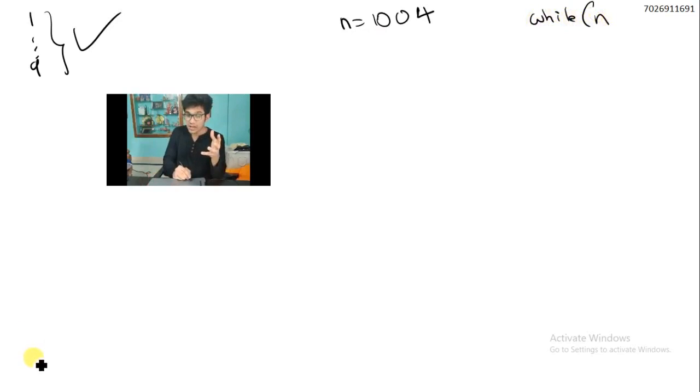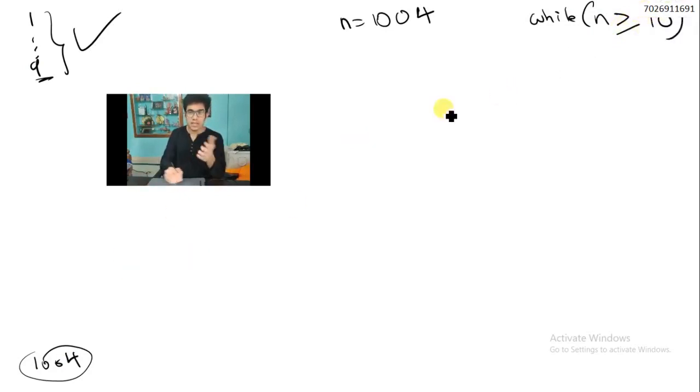Your n value is 1004. Is it greater than 9? Yes, your n value is greater than 9. Or I can tell greater than or equal to 10. Both are the same, see, this is maths. Greater than 9 is nothing but greater than or equal to 10.